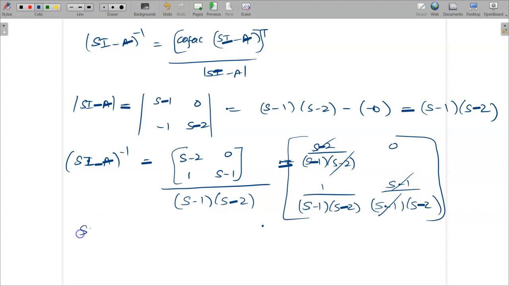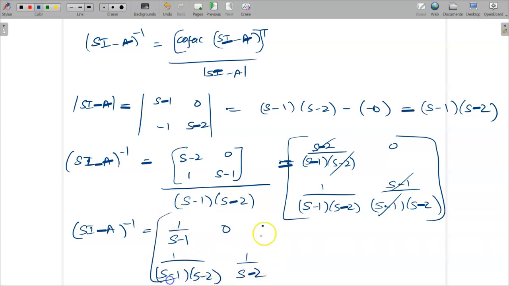So your (sI - A) inverse is nothing but 1 by (s - 1), 0, 1 by (s - 1)(s - 2), 1 by (s - 2). So this is now (sI - A) inverse.